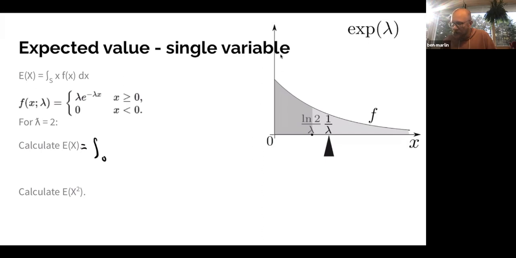That means we're going to integrate 0 to infinity, because that's the support here. And we said that the lambda is going to be 2. Before I put that in, I need to put x and then the lambda, 2e to the minus 2x dx.